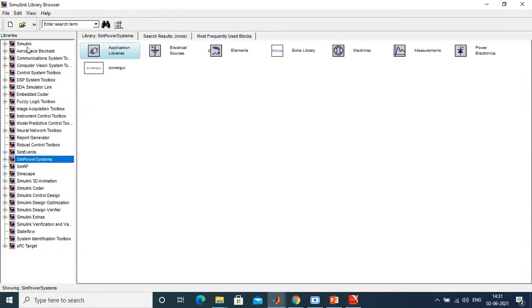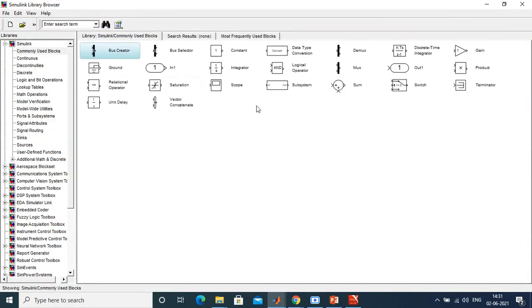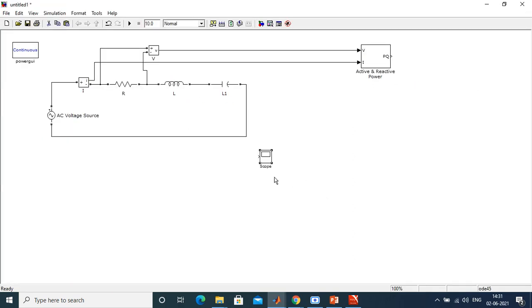By using the scope. This is the scope. Suppose I need to measure these P and Q values separately; at that time also I will explain. First of all we will see here the PQ value.